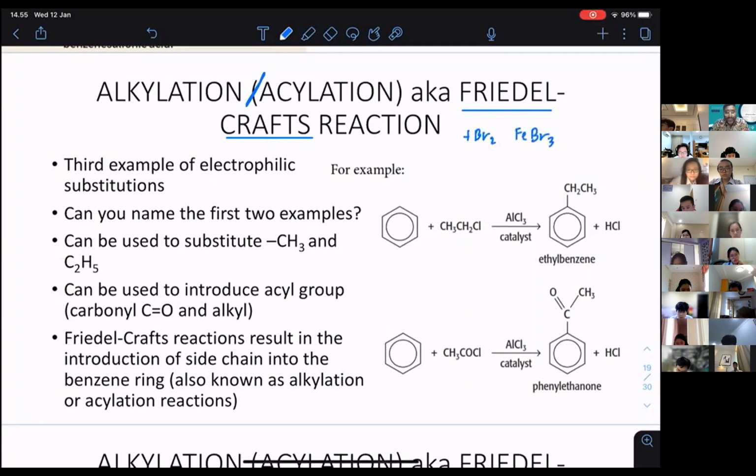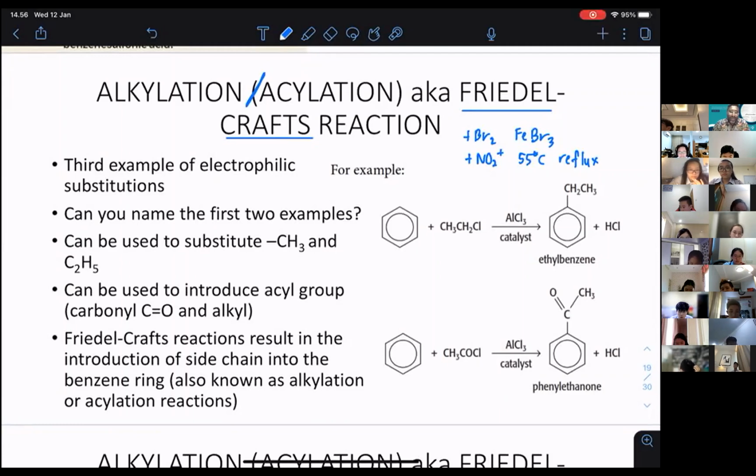The second one is the one that you did just now, with the NO2 plus, at 55 degrees Celsius and reflux, to give you nitrobenzene. That is another type of electrophilic substitution. So this is the third example, known as the Friedel-Crafts reaction. So what is it used for?